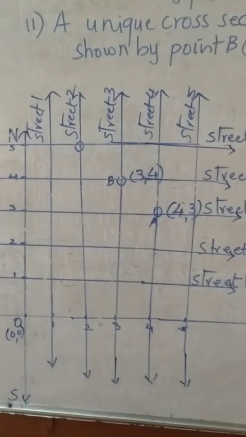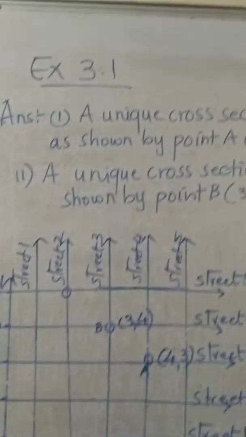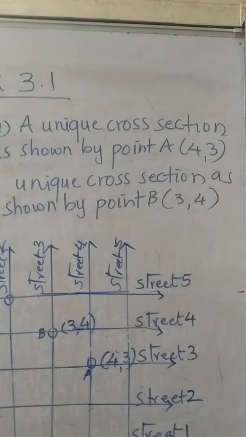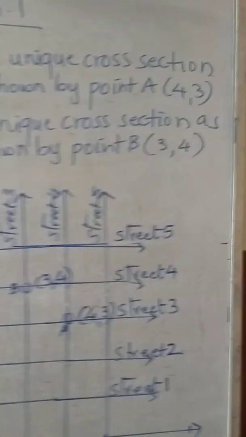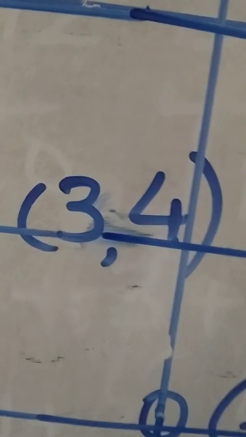So, according to the graph, the answer is a unique cross street as shown by point A, 4-3. Okay.